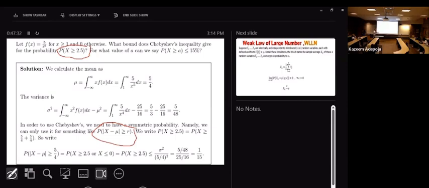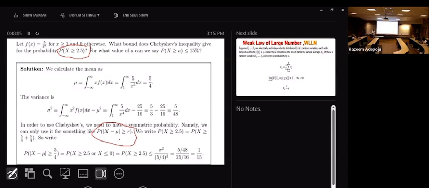So if you want to rewrite that, that is actually telling you that you want to find the probability of this greater or equal to that. So which is going to be X greater than or equal to 2.5 or X less or equal to 0, and all you just need to find is the k. Don't forget, when you have a greater than here, it's going to be 1 over k squared.